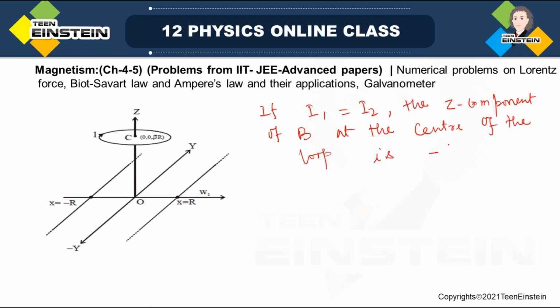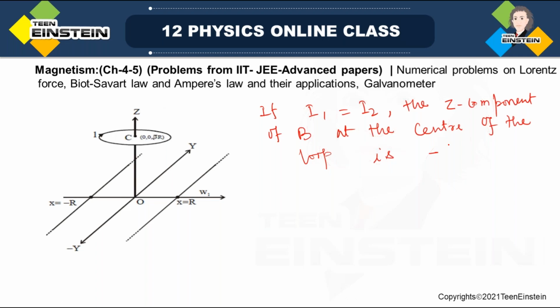See, we'll just draw this point, this is the center. So these are the two wires over here. The magnetic fields are like this, B2 in this direction and B1 in this direction.